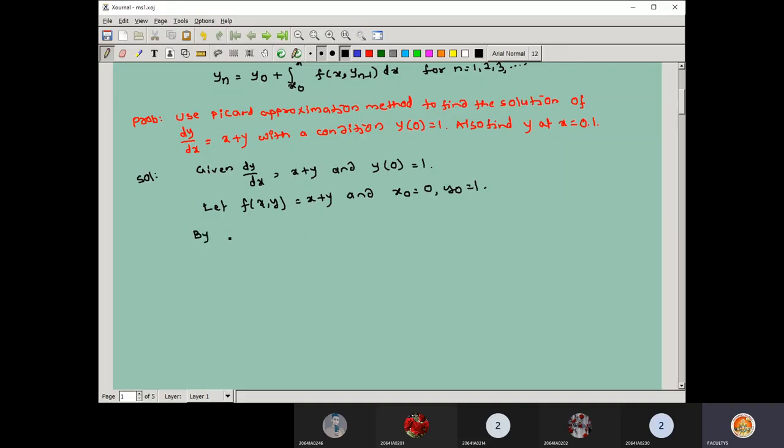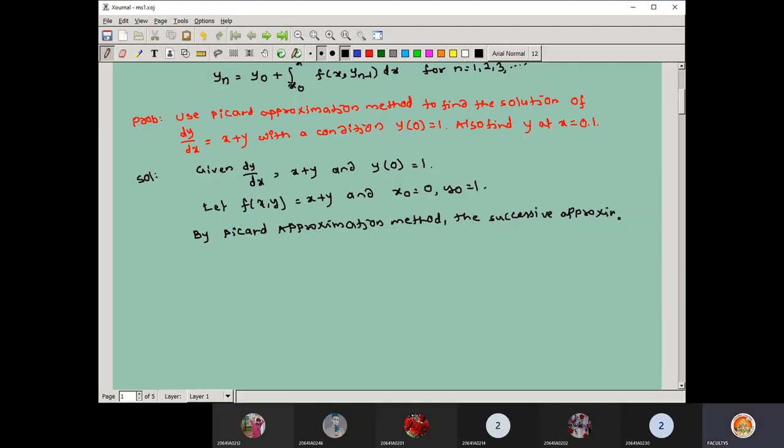So by Picard, this is the name of the mathematician, Picard approximation method. By Picard approximation method, the successive approximate solutions are given by, so you are using a formula given by Picard.